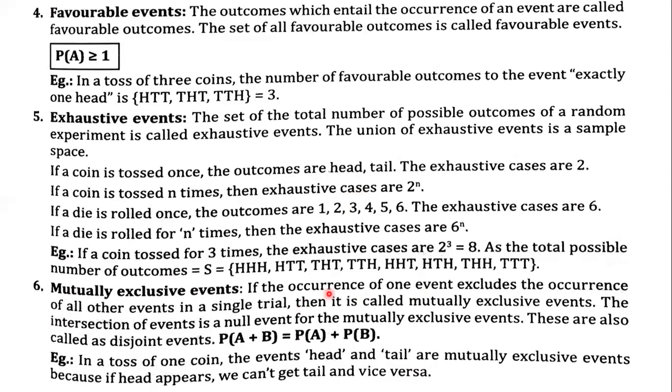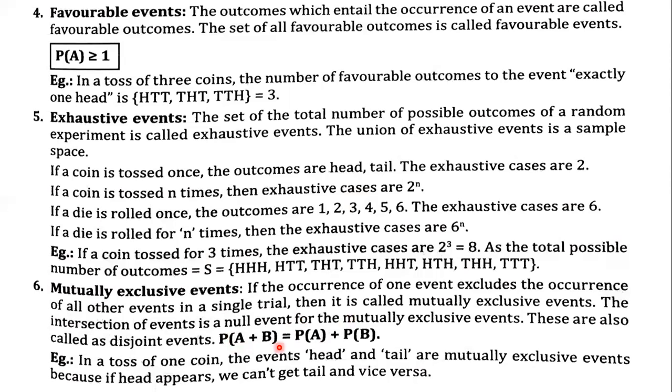That is what they are trying to say. If occurrence of one event excludes the occurrence, it is leaving out, excludes the occurrence of the other event. Now, if at all we have P of A plus B, here A event is separate, B event is separate. Just because we have written A plus B doesn't mean they are together.